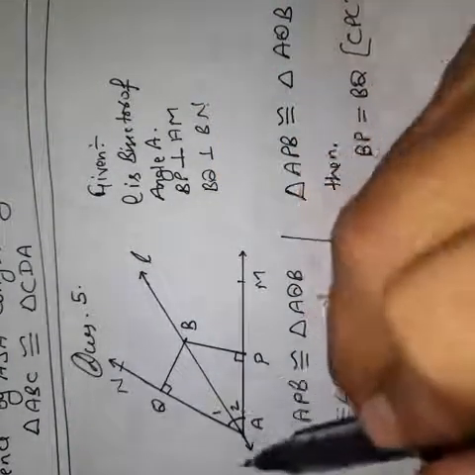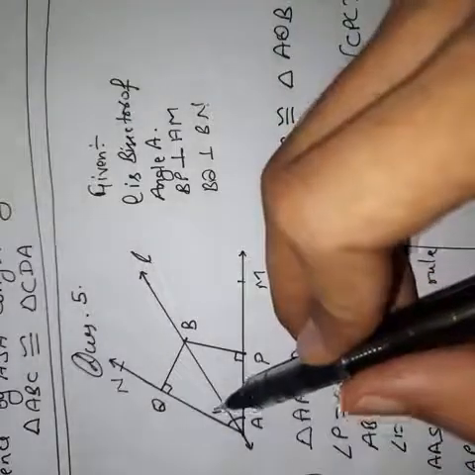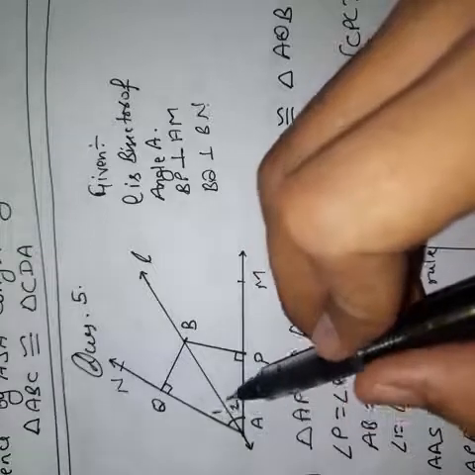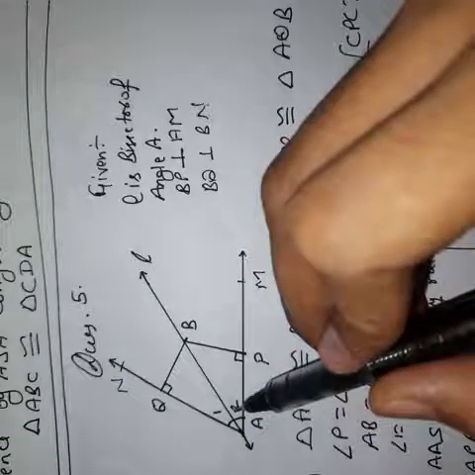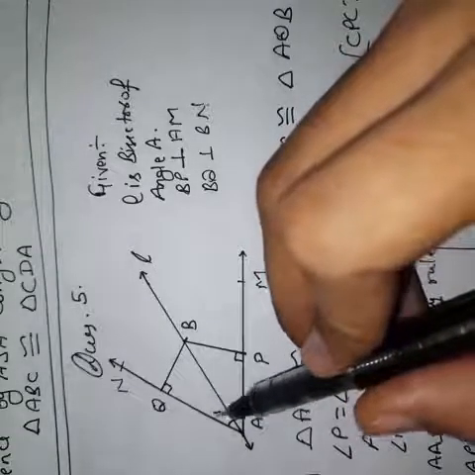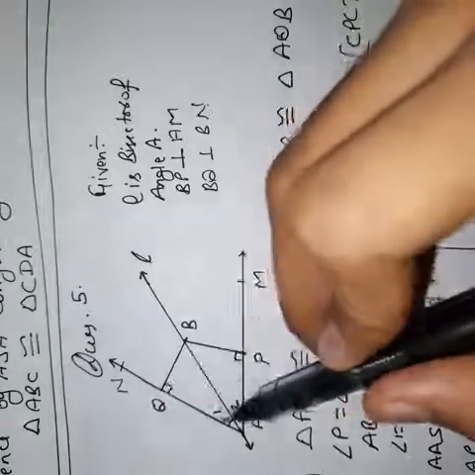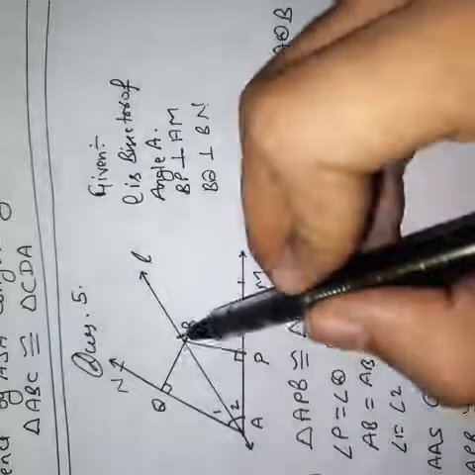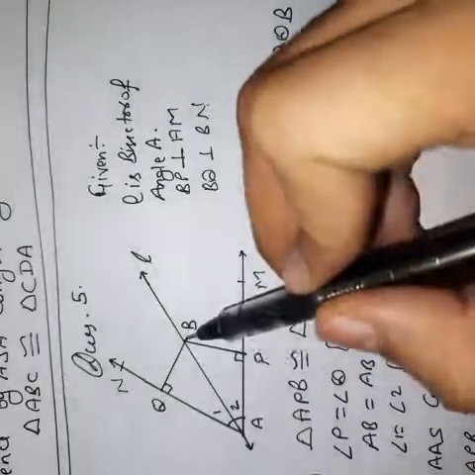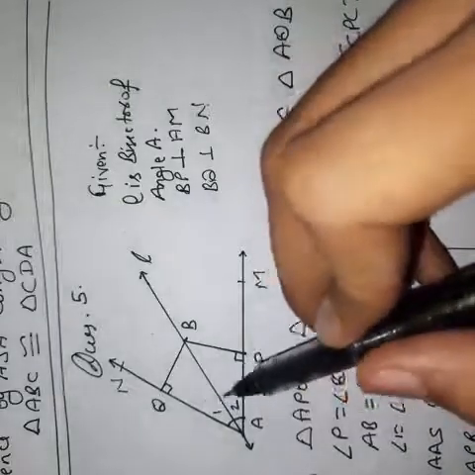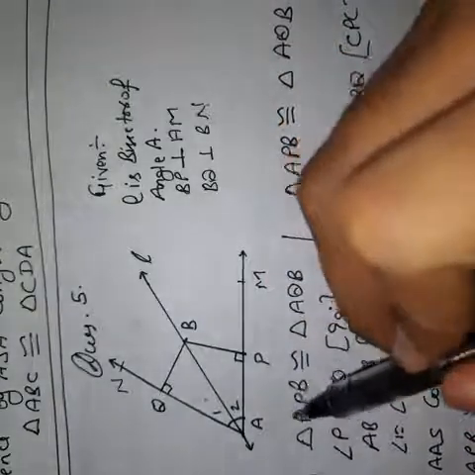That means angle 1 and angle 2 are equal to each other because a bisector divides its angle into two equal parts. Hence, we can say angle QAB is equal to angle BAP, or angle 1 is equal to angle 2.